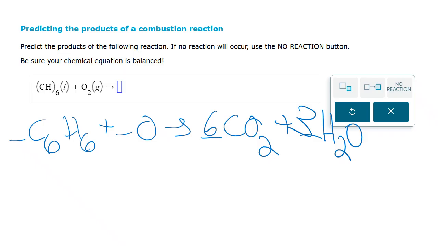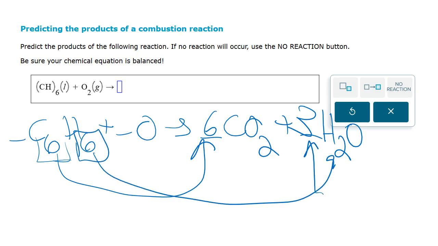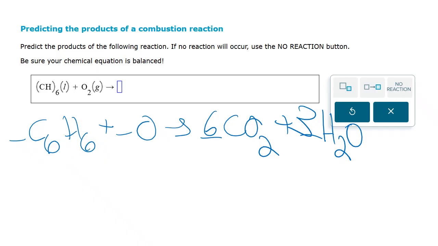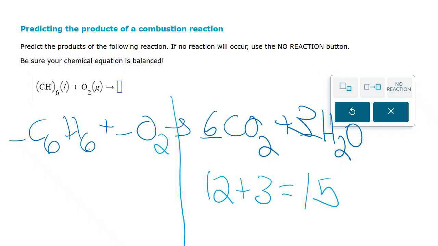So you can think of it, you just put that number there and take this number, divide it by 2, and put it there. And then we're going to balance oxygen. And on the product side, we have 12 oxygen plus 3 oxygen, that's 15 oxygen.